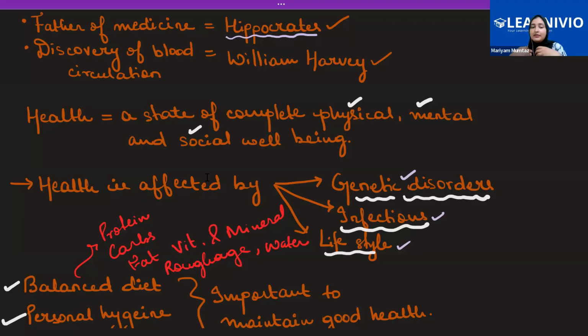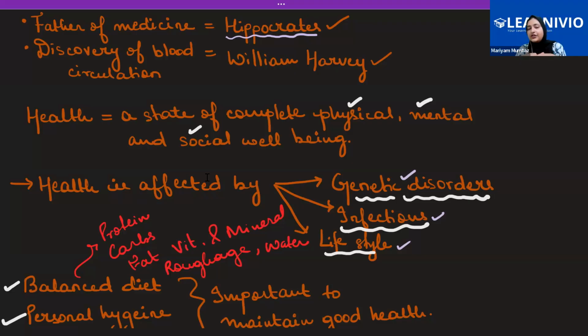Now, our health can be affected by multiple factors. Genetic disorders. Now, if a person is born with an inborn error, inborn mutation, or if a person is born with the wrong kind of chromosome number, then we constitute that as a genetic disorder. No one knows whether or not it will happen in the offspring. So the first way the health could be affected would be because of genetic disorders.